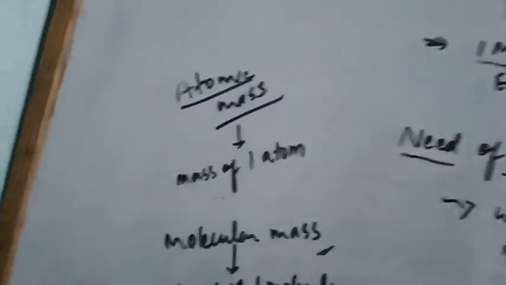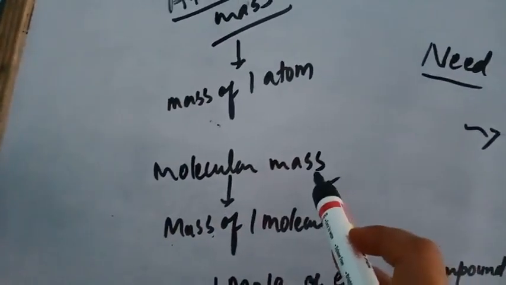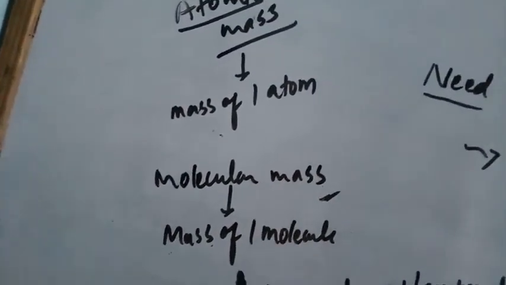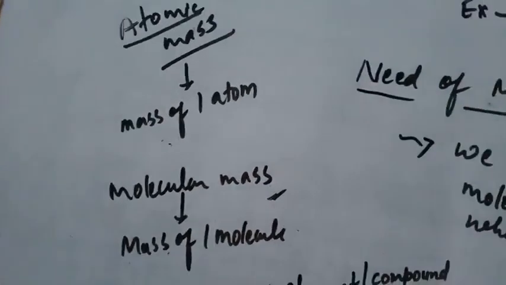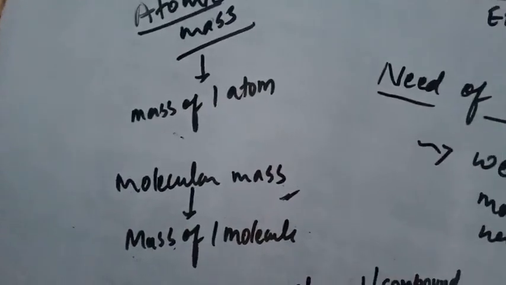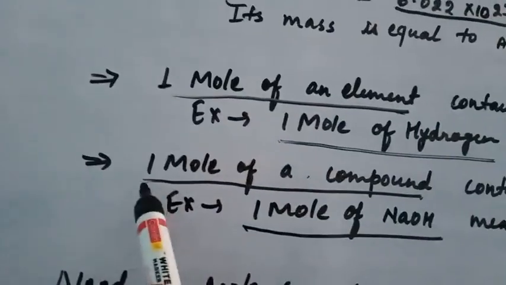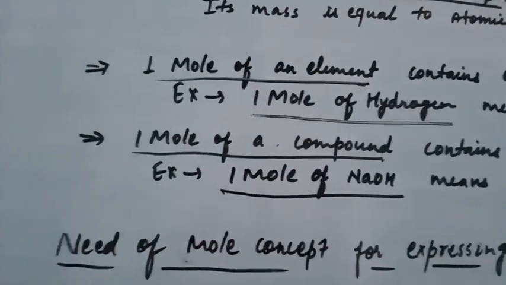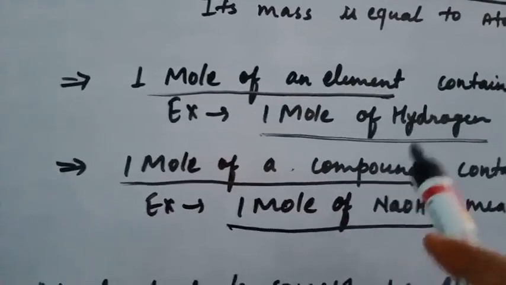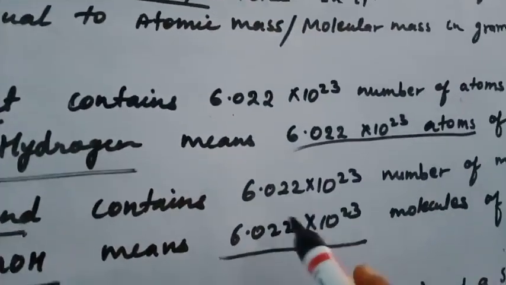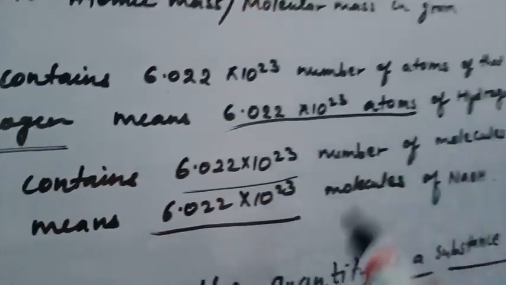Okay. Similarly, you know that molecular mass of any molecule or compound means mass of just one molecule of that compound. But if we talk about mass of 1 mole of a compound, you know that 1 mole of compound means it contains 6.022 into 10 to power 23 number of molecules.